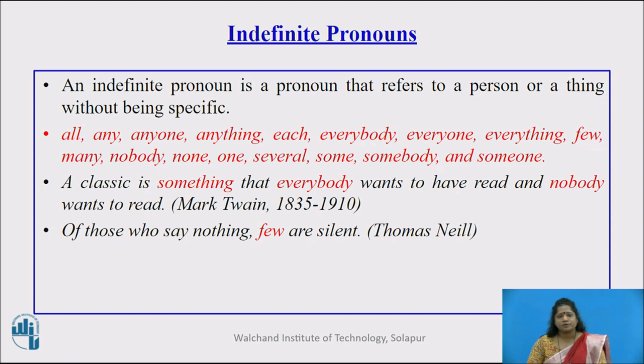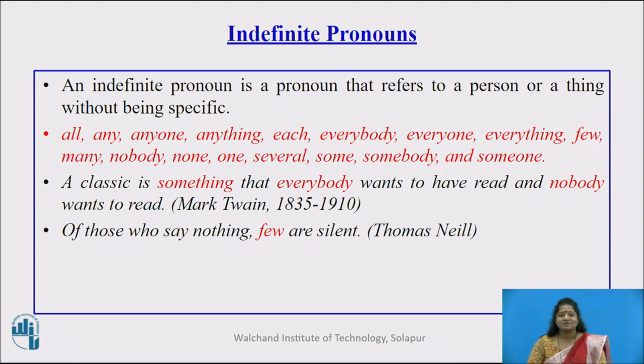Let us learn what is the meaning of indefinite pronouns. An indefinite pronoun is a pronoun that refers to a person or a thing without being specific. The examples of indefinite pronouns are all, any, anyone, anything, each, everybody, everyone, everything, few, many, nobody, none, one, several, some, somebody, and someone.